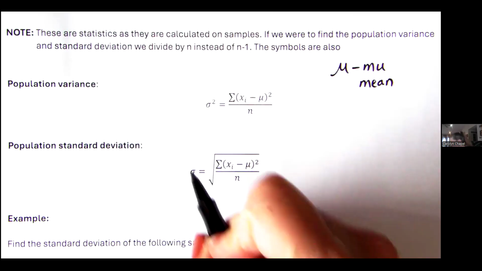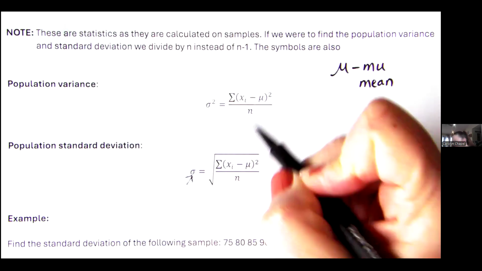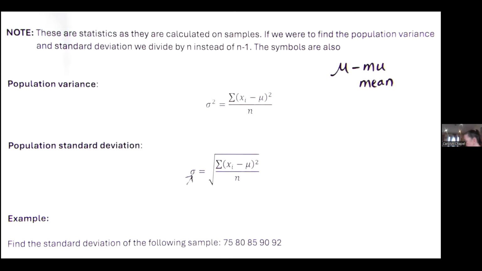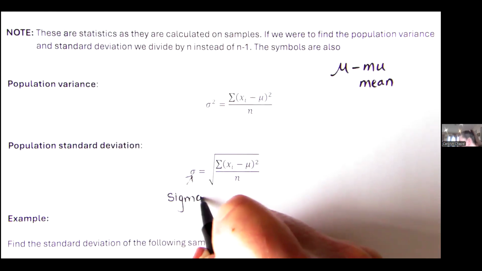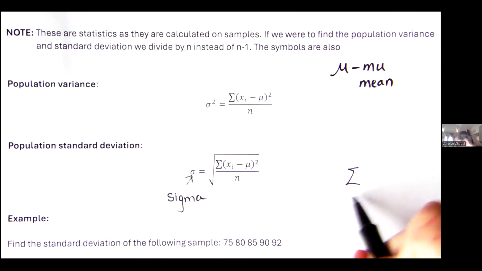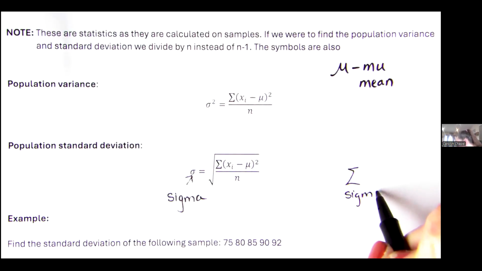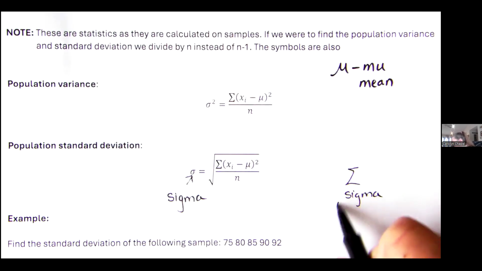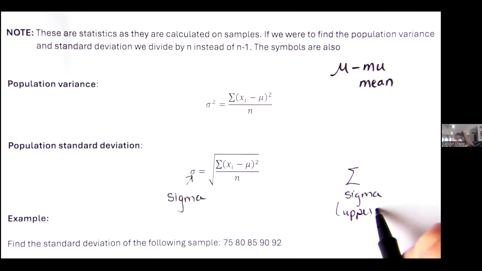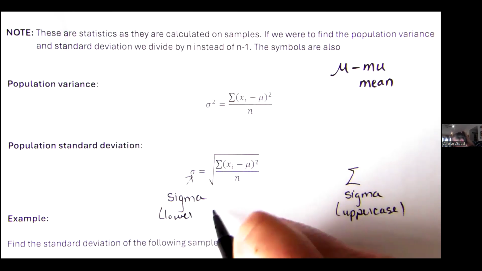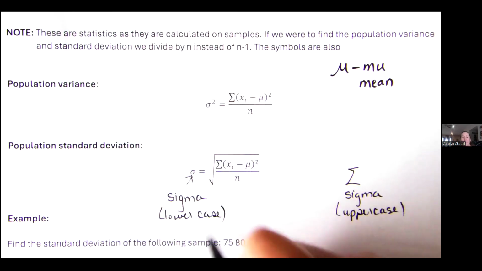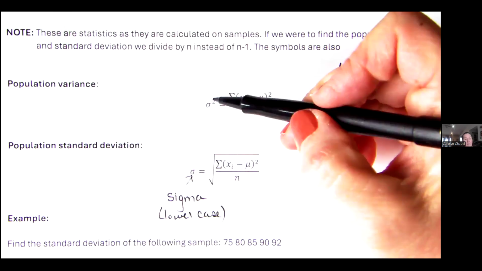However, we're going to be using this symbol here, or that same thing squared. This symbol is also called sigma. This was called sigma as well. This one happens to be the uppercase, and this is our lowercase. But they are both sigma, and this is sigma squared.